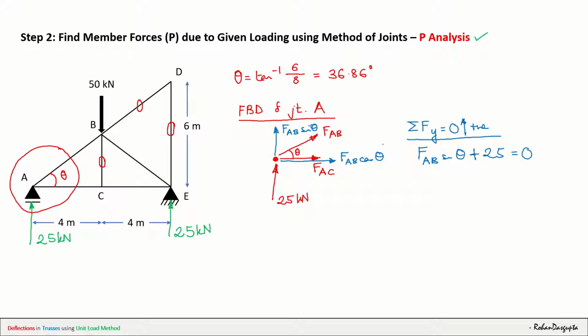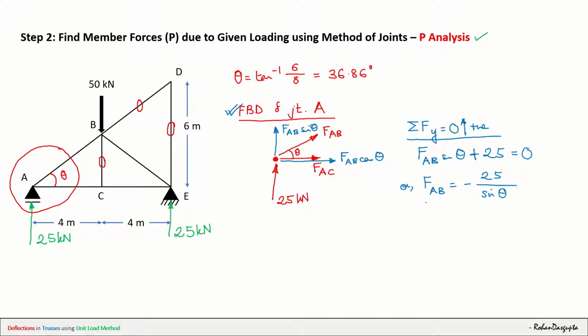Please note that while writing this equation, you have to only pay attention to the FBD that you have drawn. Okay, so this figure only you are supposed to see. Or FAB will be equal to minus 25 divided by sin theta.